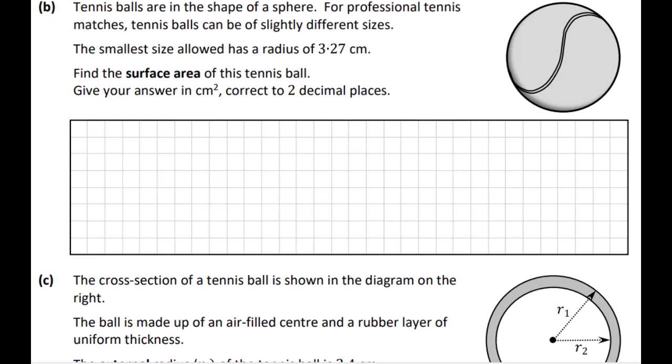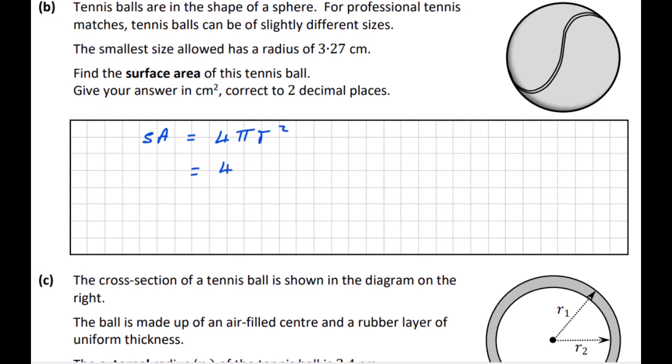Tennis balls are in the shape of a sphere. For professional tennis matches, tennis balls can be of slightly different sizes. The smallest size allowed has a radius of 3.27 centimeters. Find the surface area of this tennis ball. Give your answer in square centimeters correct to 2 decimal places. So there's a formula for surface area. Again, it's in your table. So surface area is 4 pi r squared.